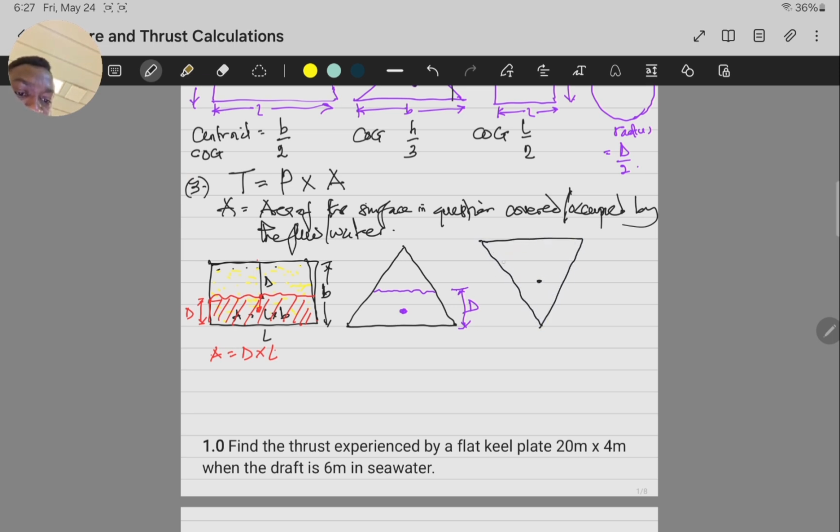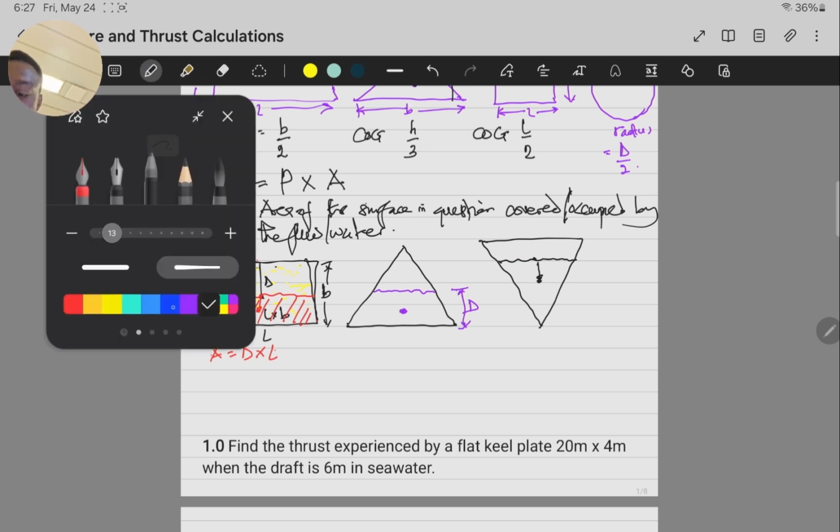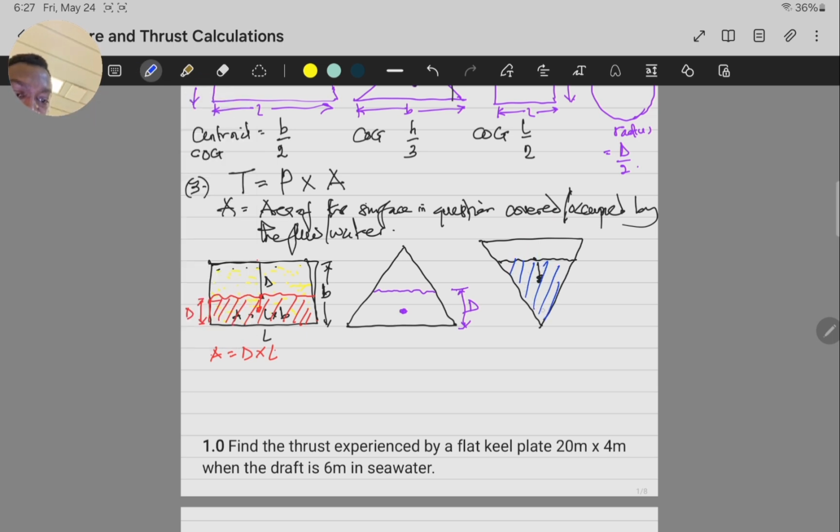So let's say we have water here, so we know this is the surface, and when you go down, this is the surface, this is the shape we are considering. So that's a rectangular shape. D is going to be from the surface to the centroid of this shape, and we know the centroid is at the height, so D is going to be h over 3, which is from here to here.